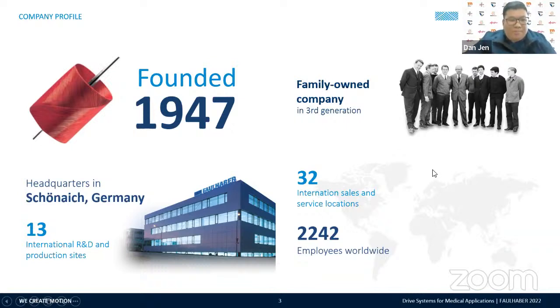Headquarters in Schonaich, Germany, nearby Stuttgart, with 13 international R&D and production sites, mainly in Europe: Germany, Switzerland, Romania, and Hungary. With that, we have 32 international sales and service locations also, with currently 2,242 employees worldwide.